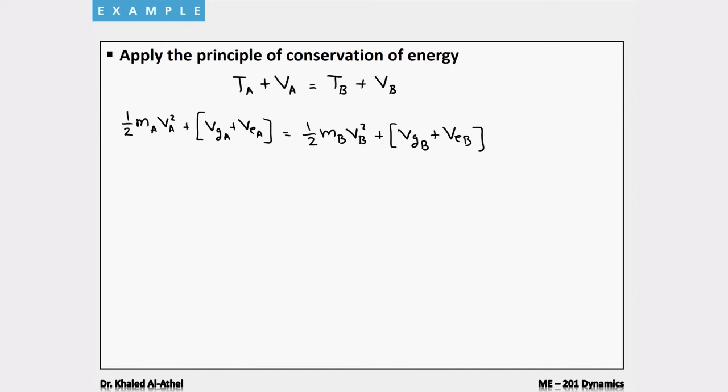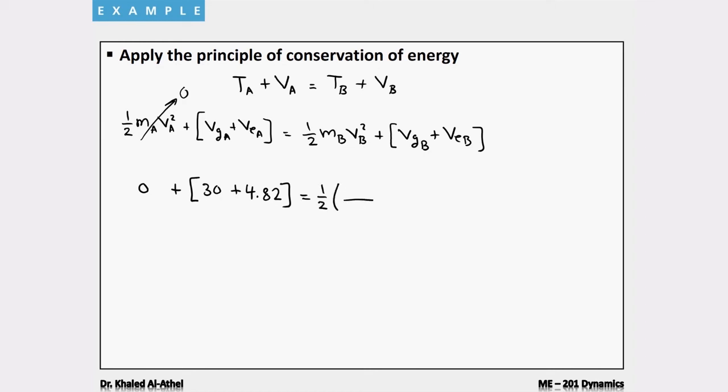Okay, now since the collar was mentioned in the problem as started from rest, this one is 0, and therefore I have 0 plus 30 plus 41.82. I'm just plugging in the numbers from the previous calculations that we did, plus half.